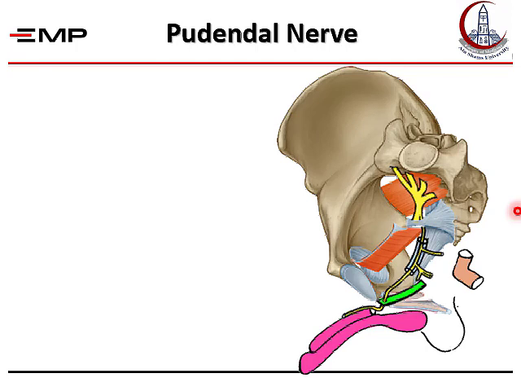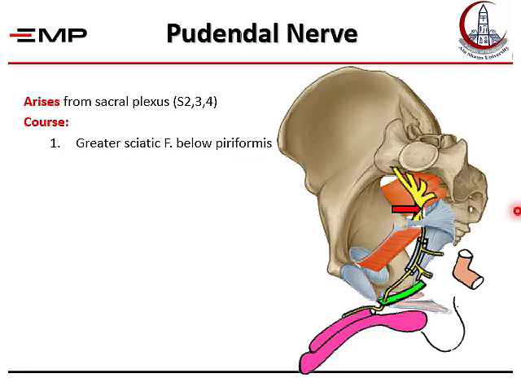Both leave the pelvis through the greater sciatic foramen below the piriformis. So it comes from the sacral plexus. Its root value is S2, 3, 4. It passes out through the greater sciatic foramen below the piriformis. It crosses the back of the sacrospinous ligament.